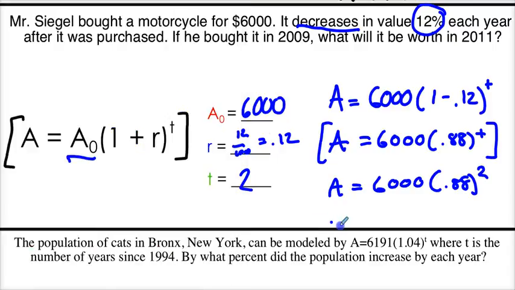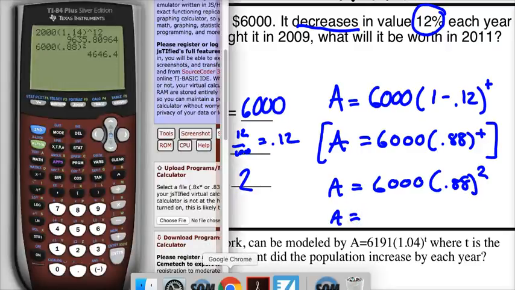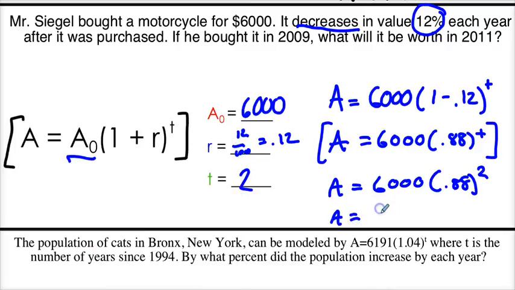We get A is equal to 4646.4. That's kind of cool. Neat number. So let's be clear so we understand what just happened. If my motorcycle started off being worth $6,000, in 2 years it'll be worth $4,646.40. It decreases in value because as things get used more, they lose value.